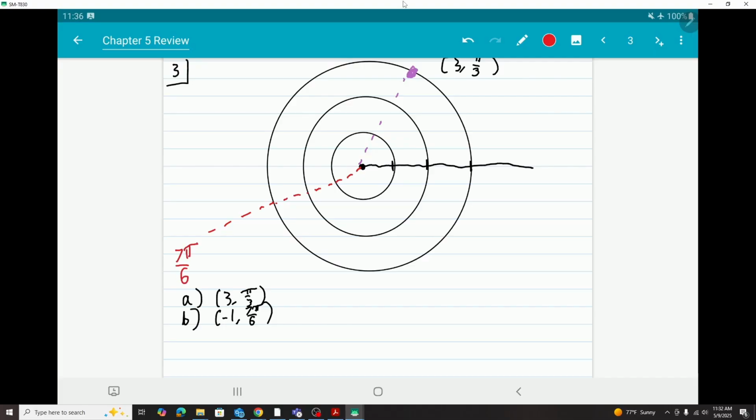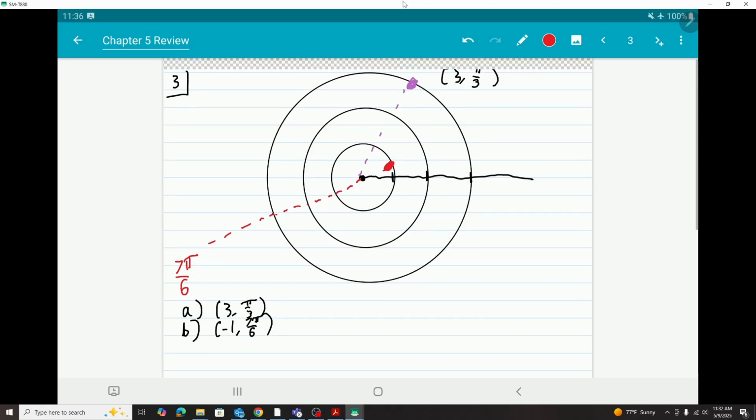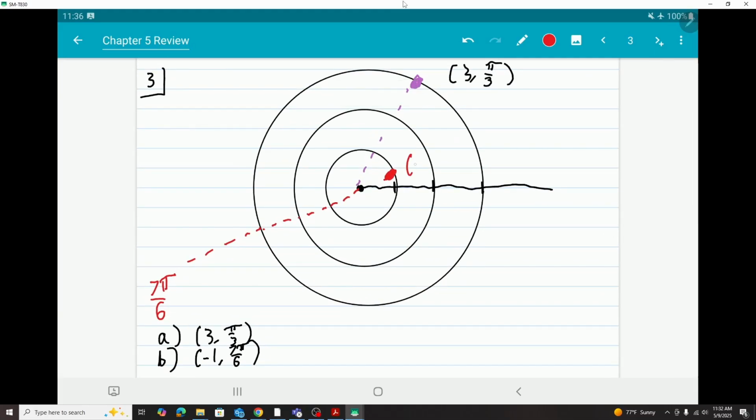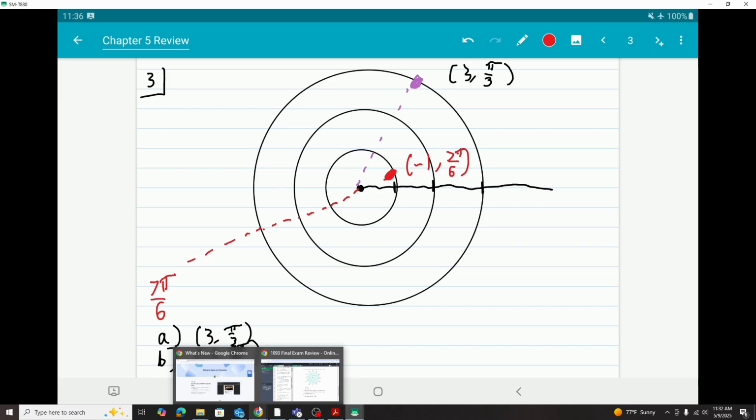And so now what does that -1 do? So if it was a positive 1, we would put the point right here. But because it's negative, we're going to walk it backwards and go in the other direction. So that is -1 comma 7 pi over 6. So that's how we graph that. It needs to be on this circle, that innermost circle, because it has a radius of -1.